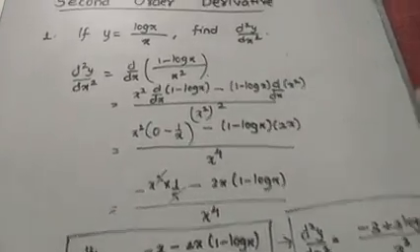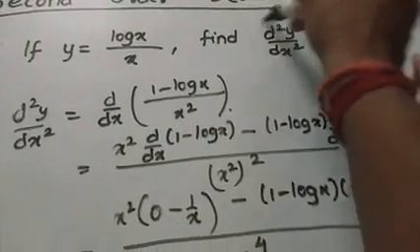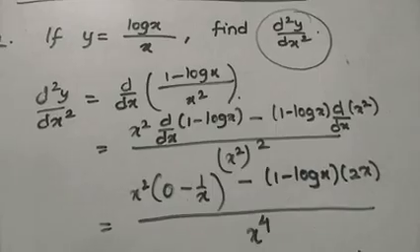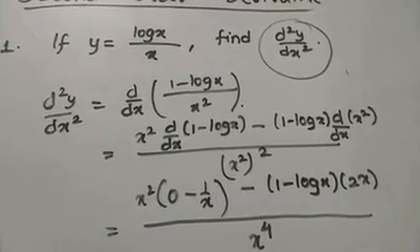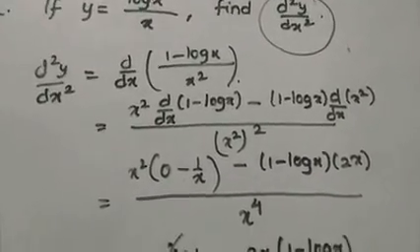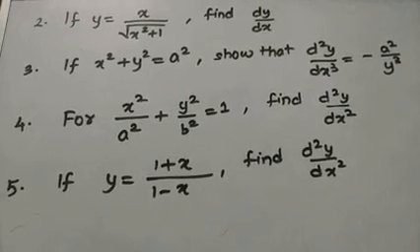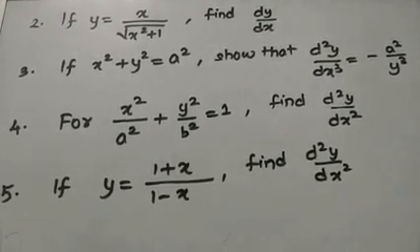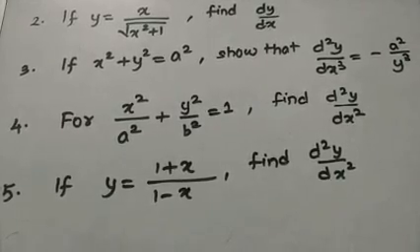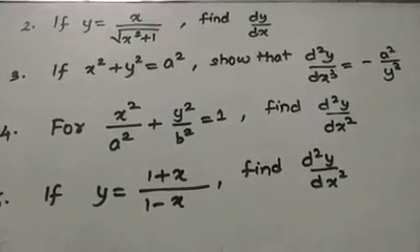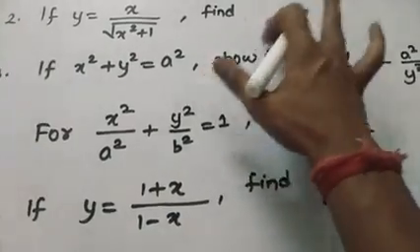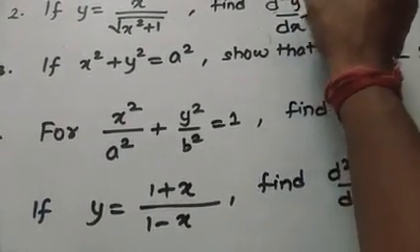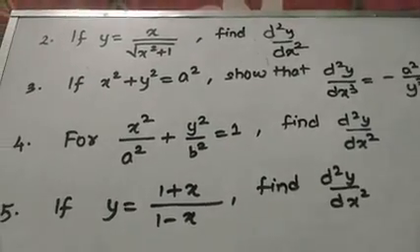So d2y/dx2, that is the second order derivative, means differentiating twice. Clear? So now I have some homework for you. There are a total of 4 questions. Question number 2: if y equals x by root over (x square plus 1), then find d2y/dx2.